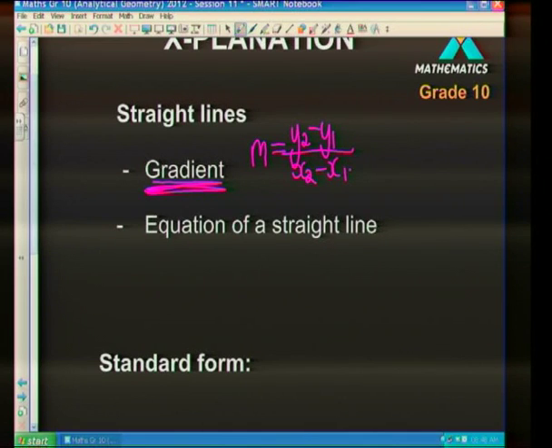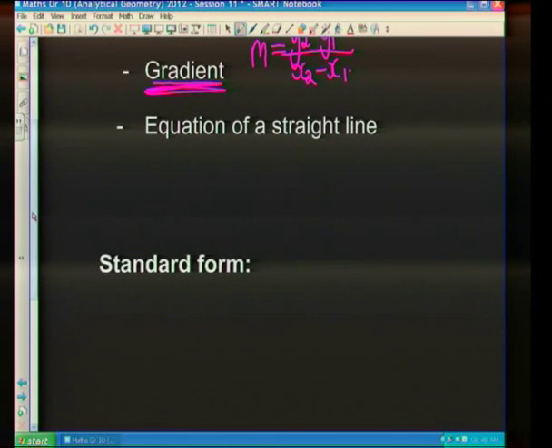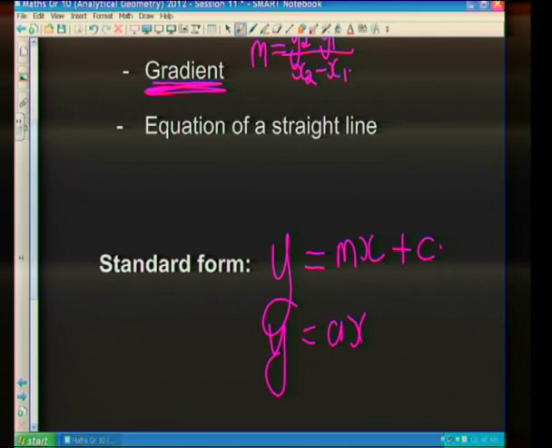Right, now let's talk about the equation of a straight line. The general equation for a straight line is y is equal to mx plus c. You could also use y is equal to ax plus q. That is also fine. Now, the straight line you would have also seen in your graph section.